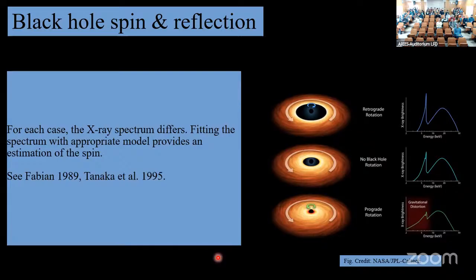Observationally, these are seen from the iron line. The iron line is one particular line which is observed at 6.4 keV and is very widely celebrated in X-ray astronomy. The reason is very simple. Iron is the most stable element, and iron K alpha is within the 1 to 10 keV range.